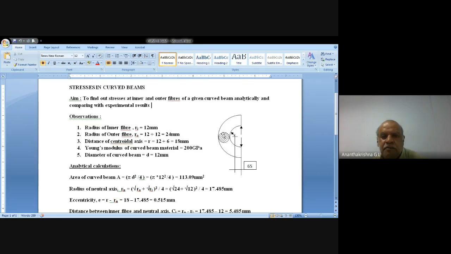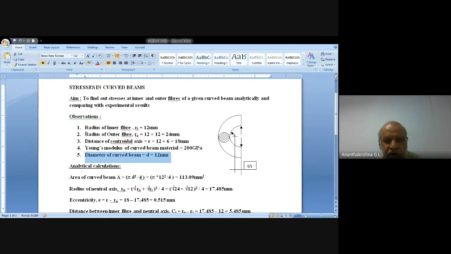Correct. Here, this is the point of application of load, and this line indicates the center line of curvature. The distance between the center line of curvature and the point of application of load is 65 mm, given in the problem. These are the observations. The radius of the inner fiber, from the center line of curvature to the inner fiber, is 12 mm, and the diameter of the curved beam is 12 mm. It's a circular cross-section crane hook. So RI is 12, diameter is 12.